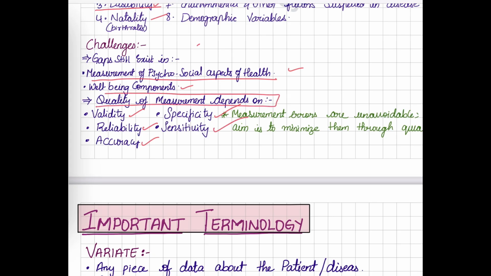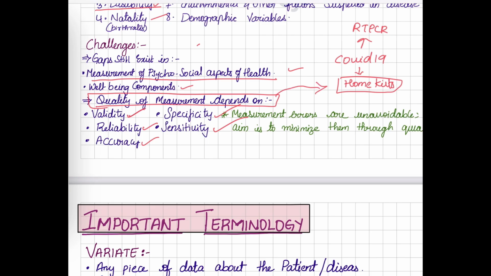What is the quality of measurement? Suppose in COVID-19, what is the definitive test? It is RT-PCR. But what we have tested using home kits, how valid are these home kits?